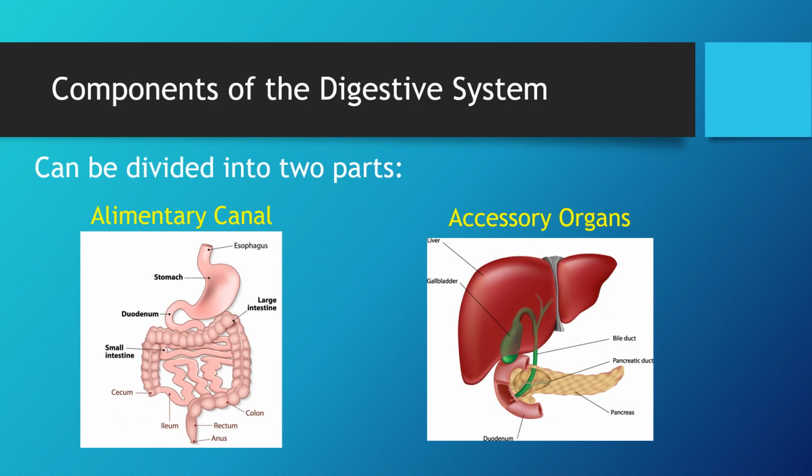So, for simplicity's sake, let's say we're going to break the digestive system down into 2 different components. We're going to call one part the alimentary canal and the other part accessory organs. Now, accessory organs can also include the mouth, the tongue, and salivary glands of the mouth, but for our intents and purposes today, we'll look at the liver, the gallbladder, and the pancreas.